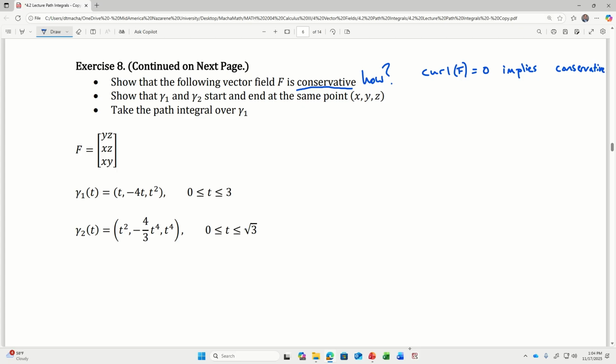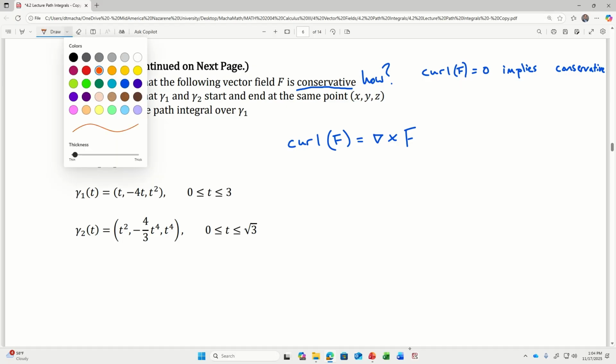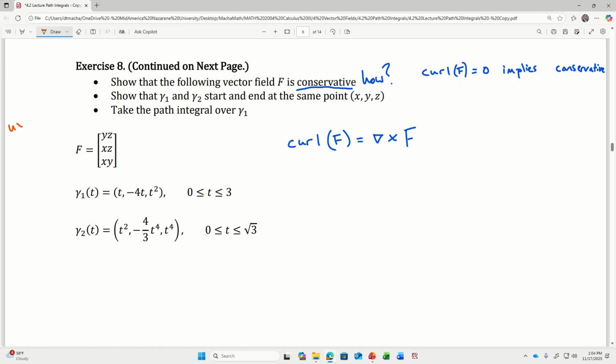So what we should do is take the curl of F. And the curl of F is like the cross product between the gradient operator and my vector field. And I have to make a little note for myself for what the cross product formula is.